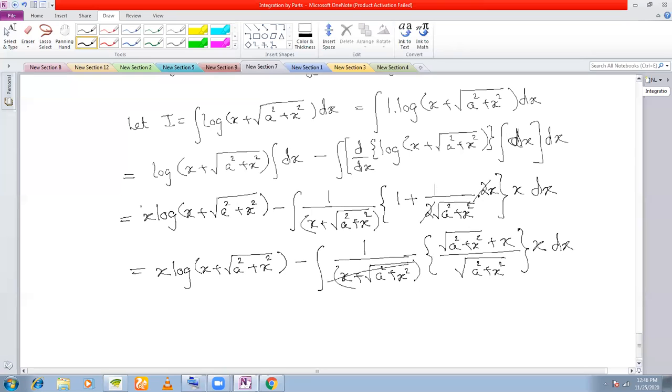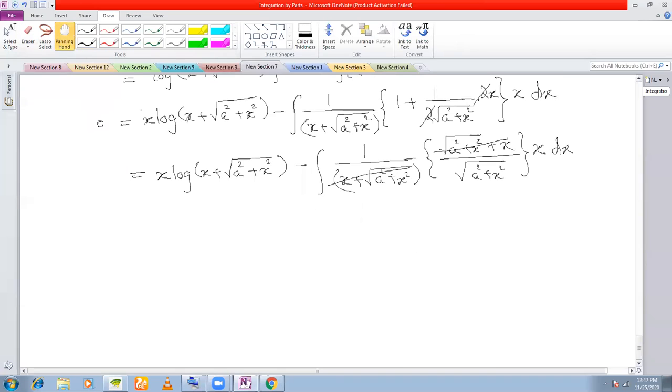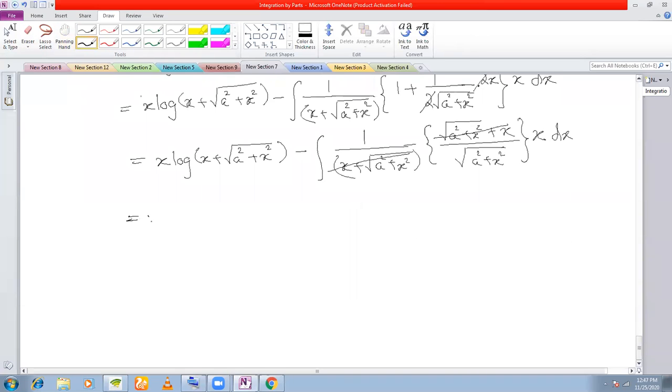Now what happens? This one and this one they cancel off. So what you ultimately get here is x log (x plus root of a square plus x square) minus the integral. You simply get this integral x by root of a square plus x square. That's it.